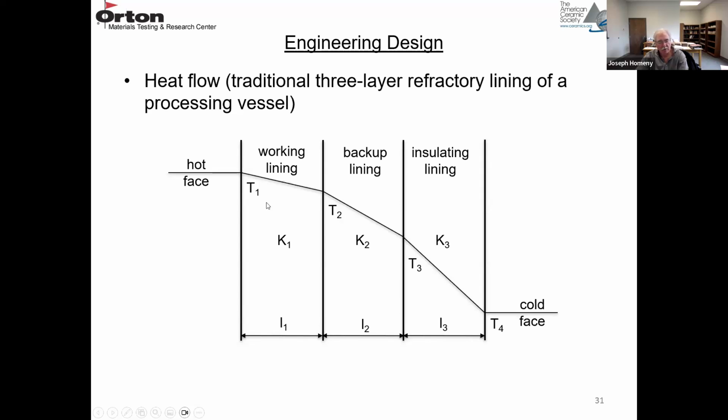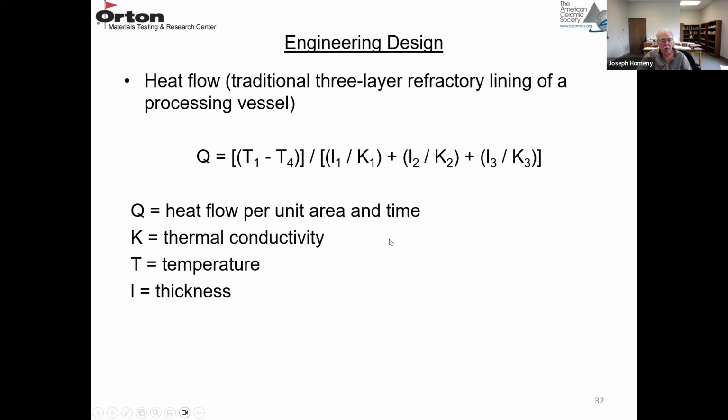And again, I mentioned that sometimes you don't want a very shallow temperature gradient in the working lining. You don't want to back it up with enough insulation to make this a shallow gradient, to make it hotter in the hot face region, because that may enhance the corrosion rate.